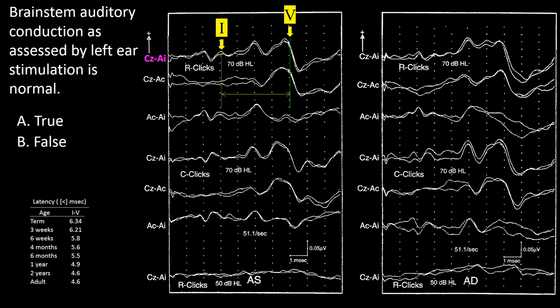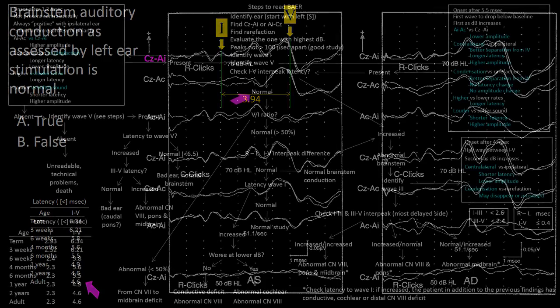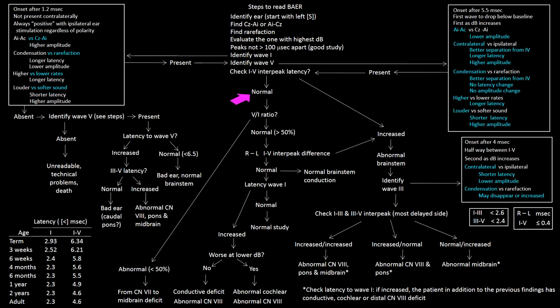So the 1 to 5 interpeak interval in this patient from stimulation of the left ear is 3.94 milliseconds, which is normal.